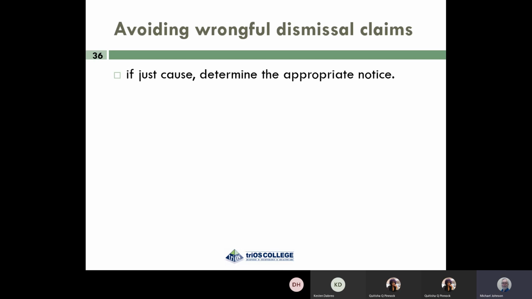Again, we really do want to make sure that people are aware of what is going to happen. You don't just spring things on people because it causes a reaction. There's always the need to fight back or to present your point of view or protect yourself in some way or another. So if just cause, determine the appropriate notice time that you should be using, handle the termination professionally.